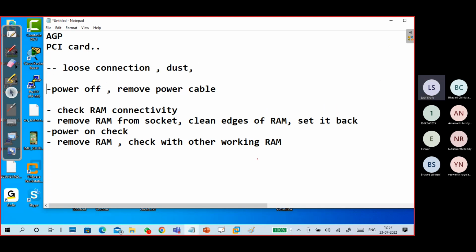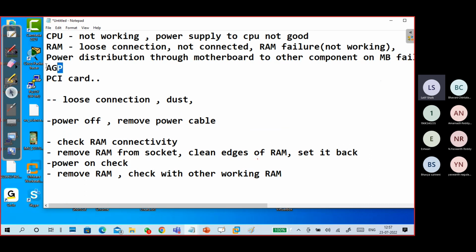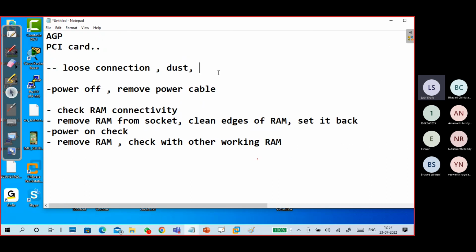What are the things you have to check in a CPU, RAM, AGP, PCI: loose connections, dust, not working kind of stuff, and compatibility. You have to verify compatibility.